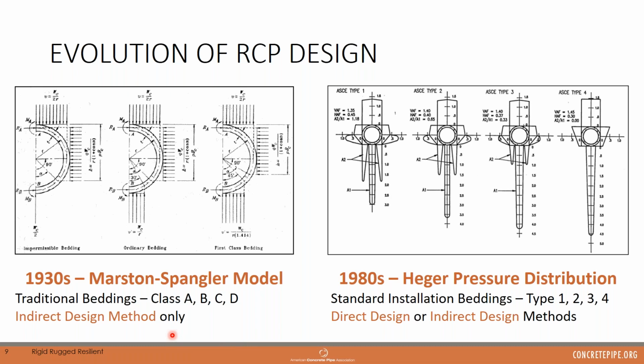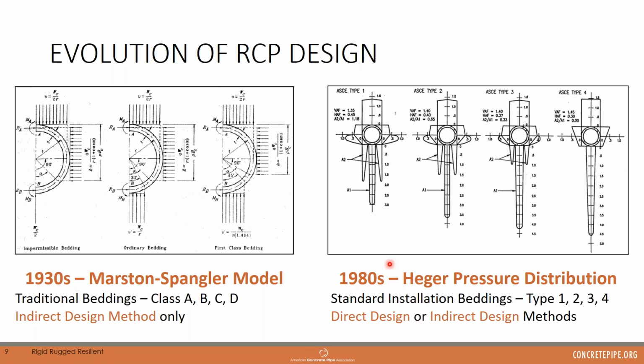They went out and studied a bunch of installations and did a lot of tests to develop some equations around indirect design. Obviously, the indirect design method has stood the test of time because we're still using it today. But then in the 1980s, on the right-hand side here, Frank Hager redefined the pressure distribution around the pipe.